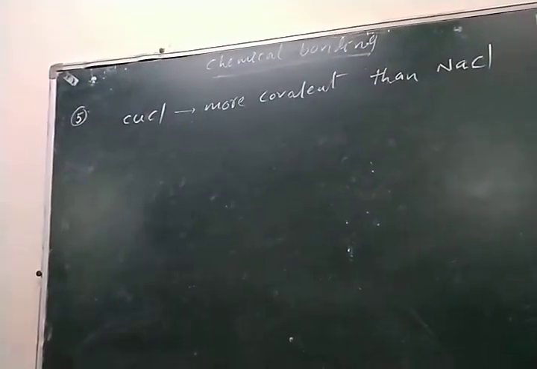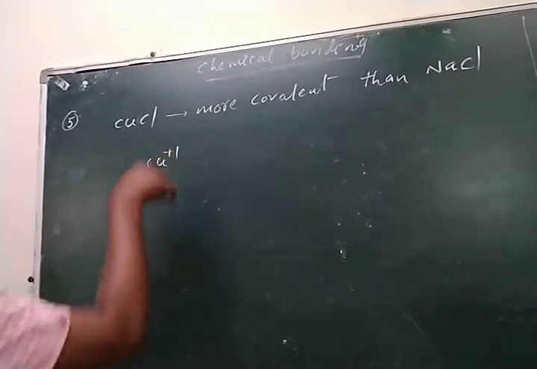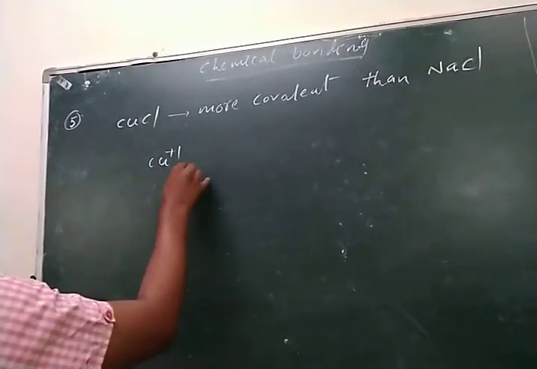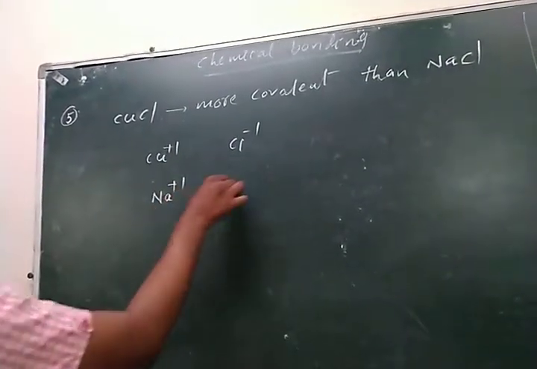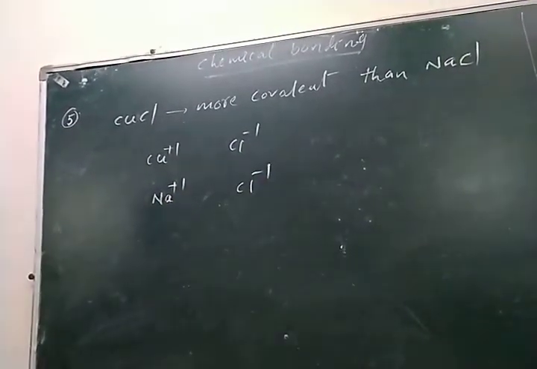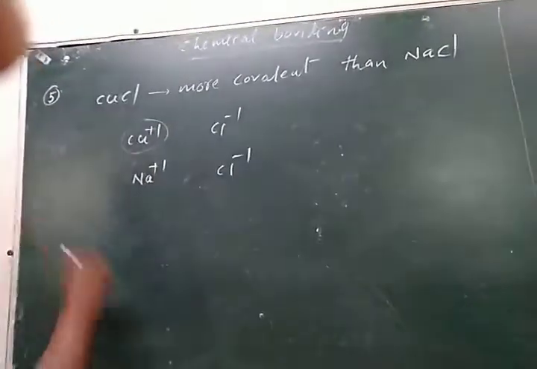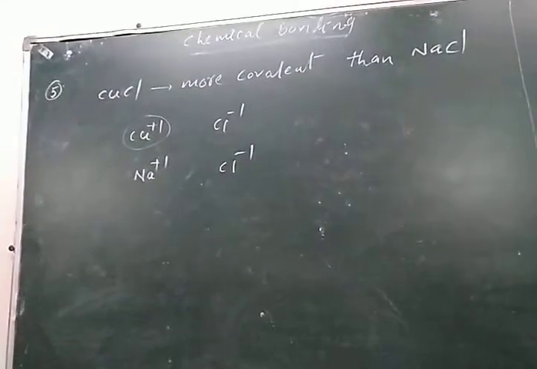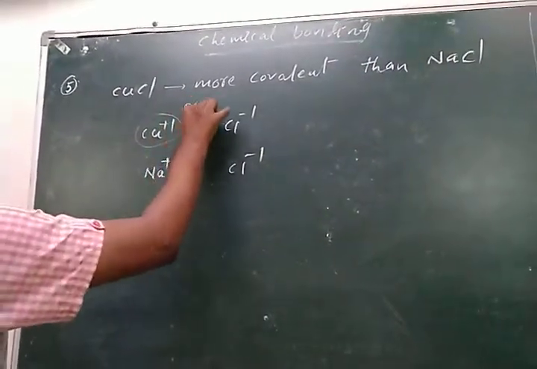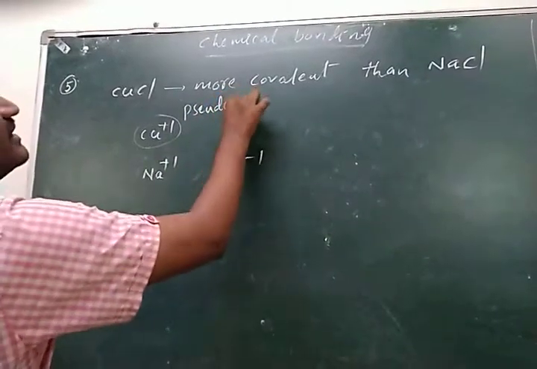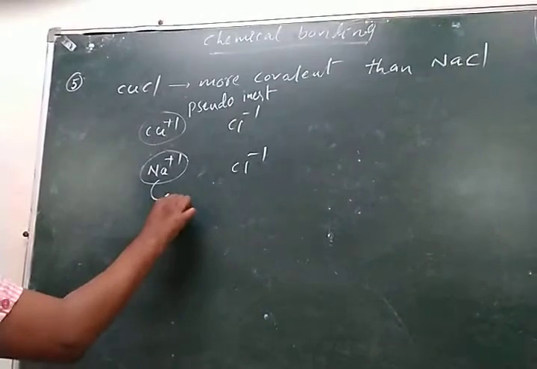If you see in the case of copper chloride, here copper is plus 1 and chlorine is minus 1. In the case of NaCl, Na is plus 1 and Cl is minus 1. Here copper plus 1 follows pseudo inert gas configuration, whereas Na plus has inert gas configuration.